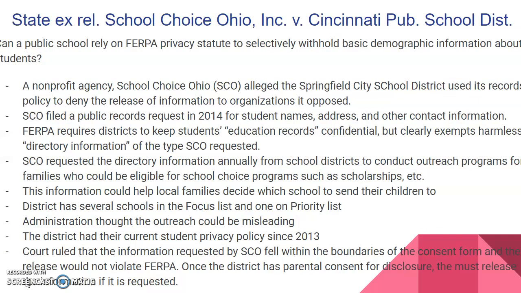And lastly, this last one was School Choice Ohio versus Cincinnati Public School District, and the question was, can a public school rely on the FERPA privacy statute to selectively withhold basic demographic information about students? A nonprofit agency, School Choice Ohio, SCO, alleged the Springfield City School District used its records policy to deny the release of information to organizations it opposed.